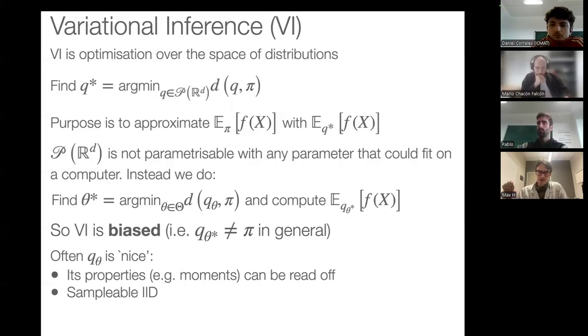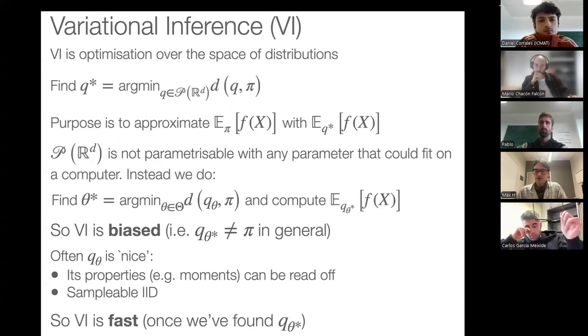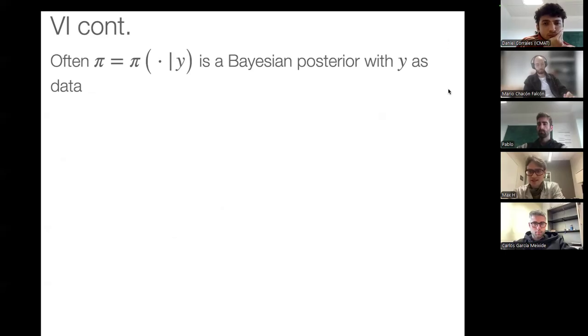And usually members of this family will be nice in some respects, such that their properties, so their moments or their correlation structure or their tailedness, can just be read off. And also you might very easily be able to sample from them independently. And therefore, once we've found an optimizing member of our parameterized class, we might say that variational inference is fast, because we can either read off the properties of the member of the parameterized class, or we can sample from them IID.